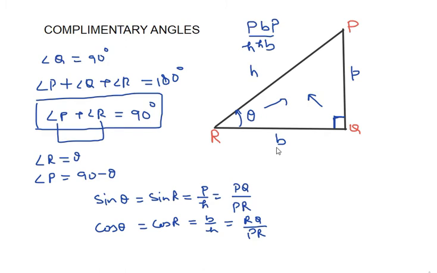So this way we will classify which side will be hypotenuse, which side is perpendicular, the other side will be base. If I am taking tan theta, it will be tan R is equal to perpendicular upon base, and it should be PQ upon RQ.